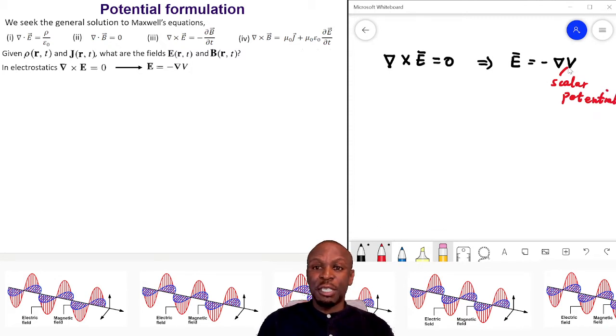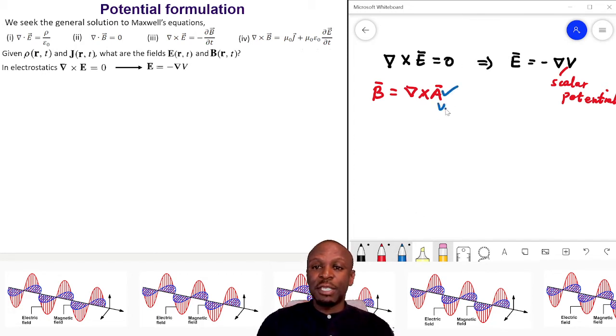This is a scalar potential, because when we talk about the magnetic field B, it is just given by the curl of a vector potential A. So I just want you to know this is a vector potential.